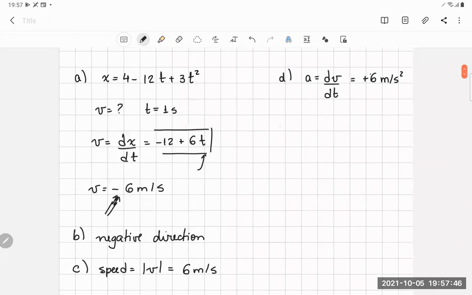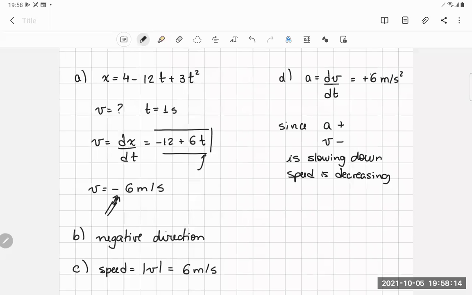So since the acceleration is positive and the velocity is negative, we know that the object is slowing down. So the speed is decreasing at this point, at time 1.